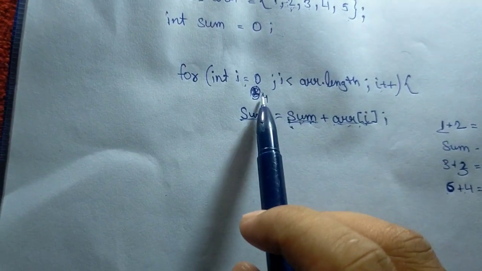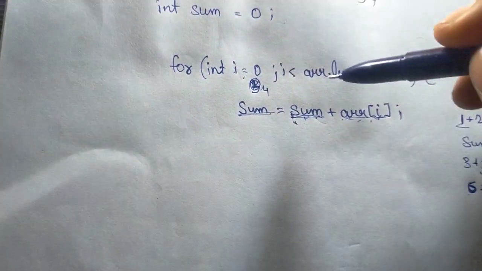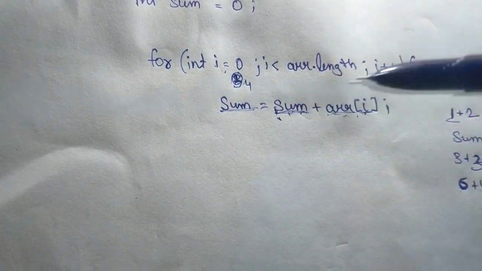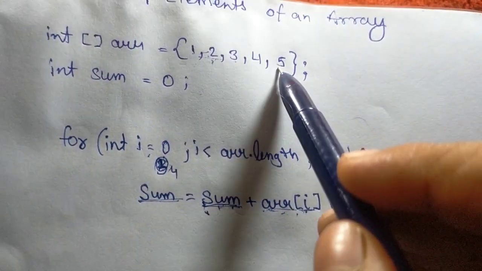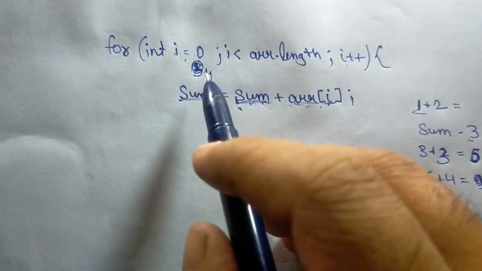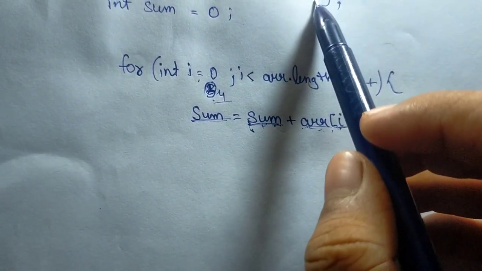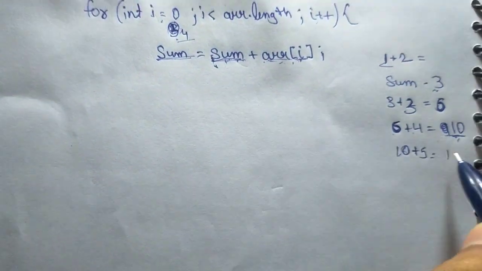Okay, is 4 less than array.length? Yes, true. Then it will come in this, the initial value of sum is 10. In this we are going to add 5 because at index 4 we have the value 5. So 10 plus 5 becomes 15.